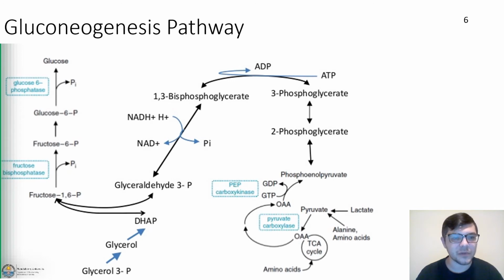So you have the fructose bisphosphatase that is going to put it to a fructose 6-P, and then another reaction to the glucose 6-P. And so here is our last reaction that requires a new enzyme, which will be the glucose 6-phosphatase, which will remove a phosphate from glucose.